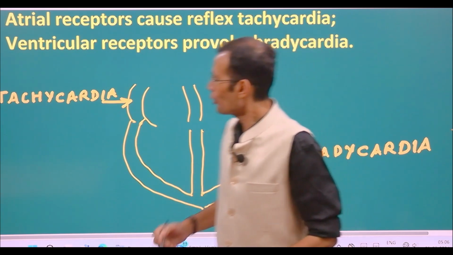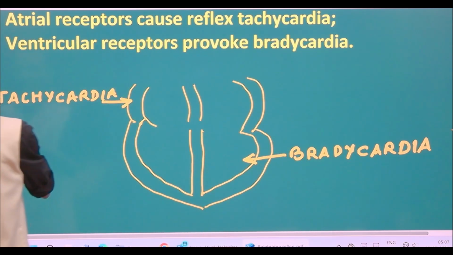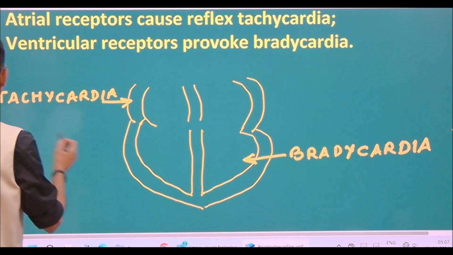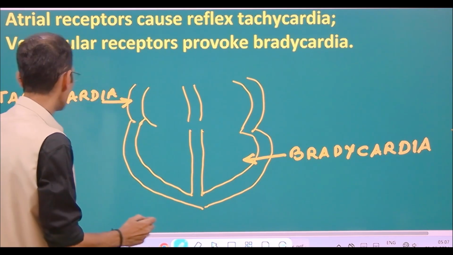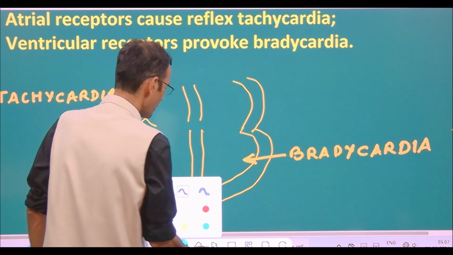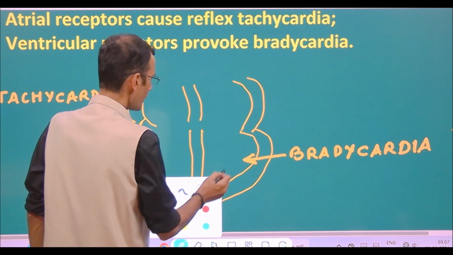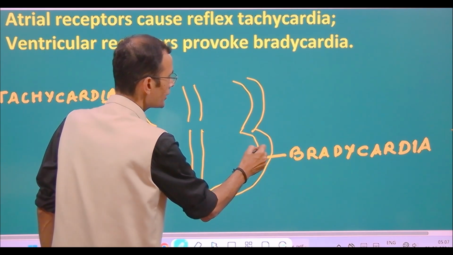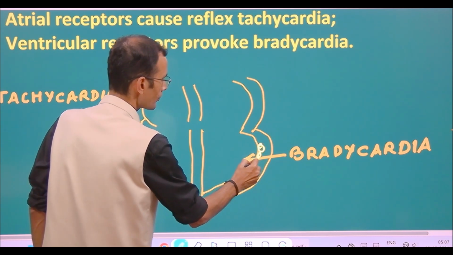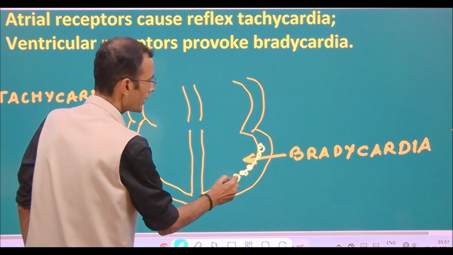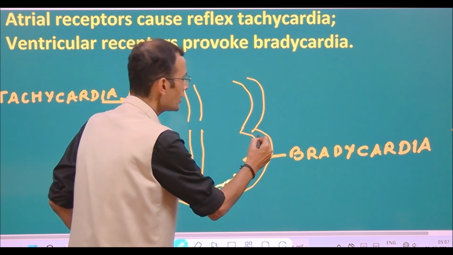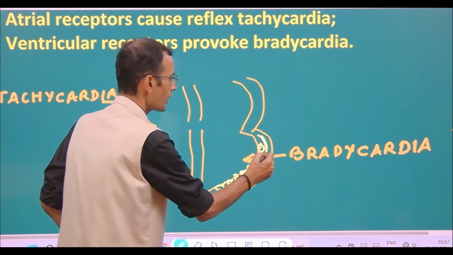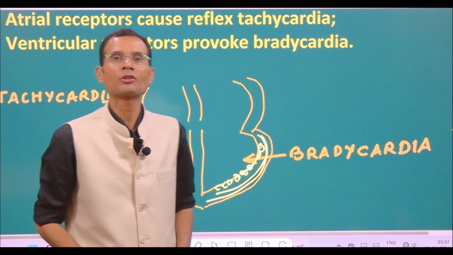Let me add one more point here. When we say receptors in the ventricle are stimulated, where are those receptors located? Those receptors are located either in the wall of the ventricles, particularly in the endocardium region, or in the coronary vessels supplying the ventricular musculature.